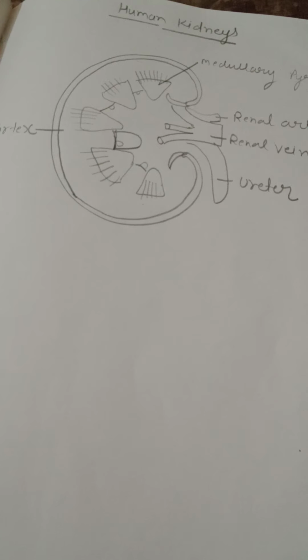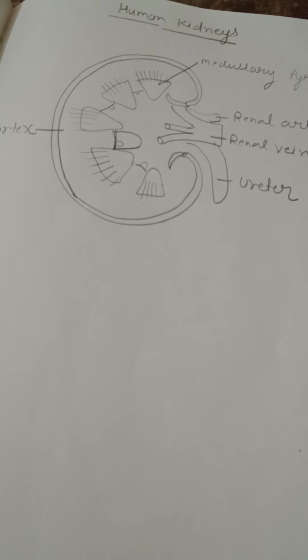Each kidney weighs around 125 to 170 grams in males and 115 to 155 grams in females. Inside the kidney there are a number of pyramid-shaped lobes, and each consists of an outer renal cortex and an inner renal medulla.